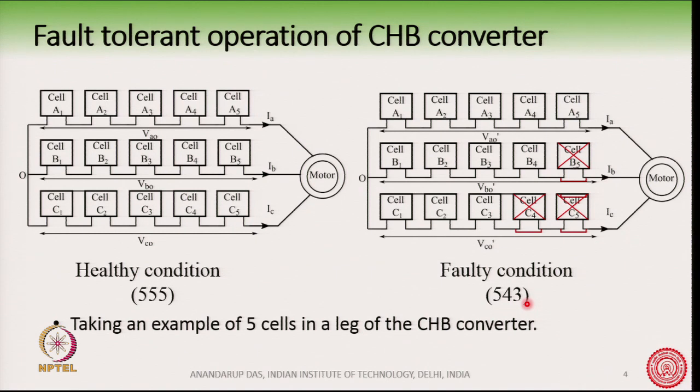This is diagrammatically shown in this picture. You have 5 cells in A phase, 4 cells in B phase, that is cell B5 is faulty and has been bypassed. And in C phase we have 3 cells working and 2 cells bypassed, they are faulty and have been bypassed. So, a faulty condition in this converter is denoted by this 543 combination.